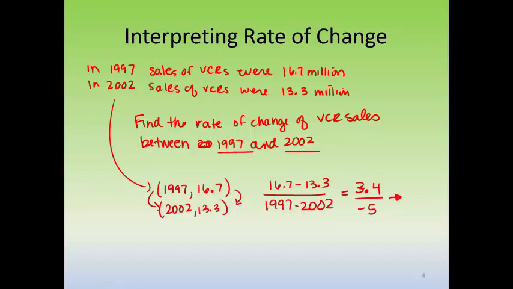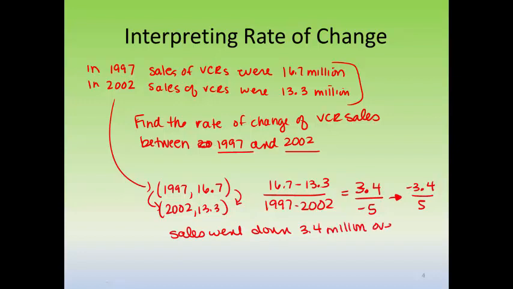which then calculates, and in this case, because I am looking for an application problem, it's a real life problem, I could say that they were down 3.4 million for every 5 years. Okay, that would make sense. Or, so let me write that out. Sales went down 3.4 million over 5 years.